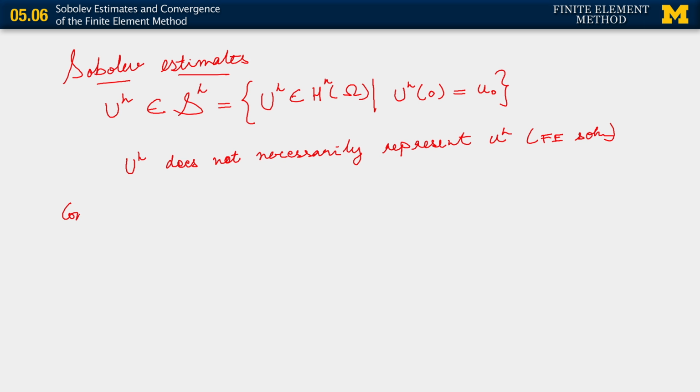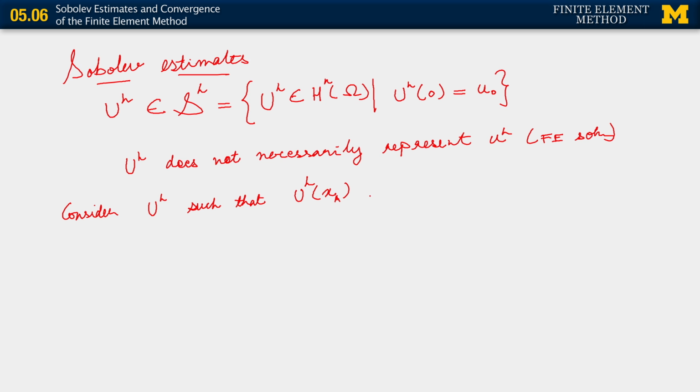I want now to consider a very special member of this set of functions. Consider UH such that UH at any nodal point, let me say this as x, let me just say x sub a, okay?